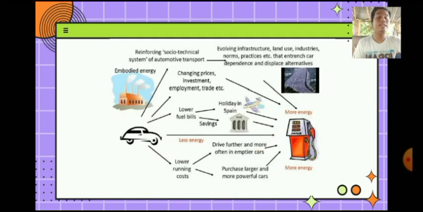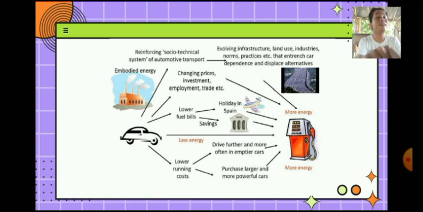So as you can see, this is the correct representation of the direct and indirect rebound effect. This is the entire process. So from lower running costs, to driving further and more often in emptier cars, to purchasing larger, more powerful cars, to more energy, and that is the direct rebound effect.